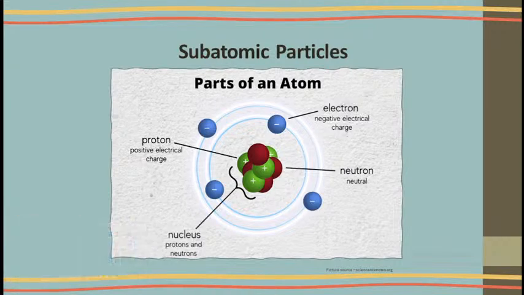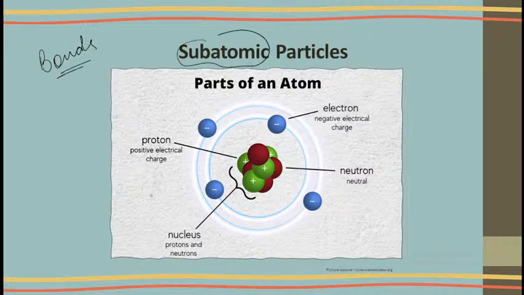Before even going into that, how is a bond formed, and what are the various bonds? You need to understand the subatomic particles, because obviously we have various atoms joining with each other to form a bond, right?